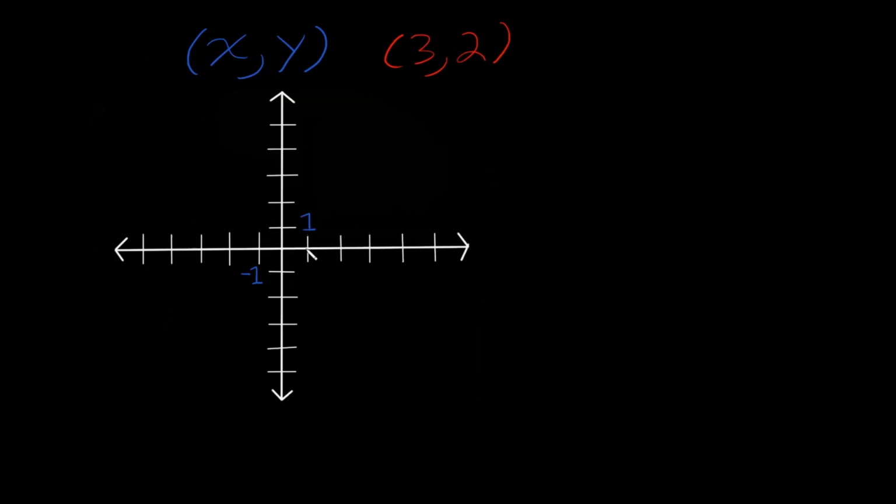So this is going to be 1, 2, 3 on the x-axis, and I'll write x and y down here. We move 3 in the x direction, which is 1, 2, 3. Now we move 2 in the y direction, which is up 2, 1, 2. So this is the point (3, 2).